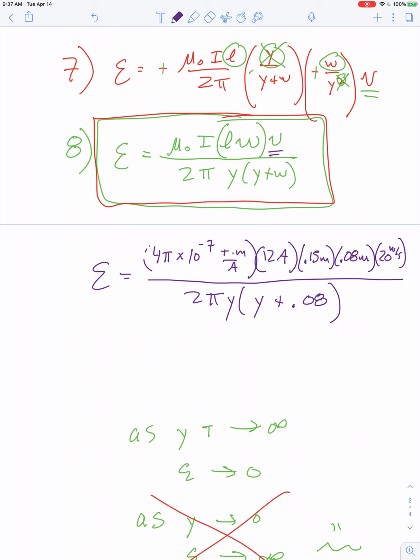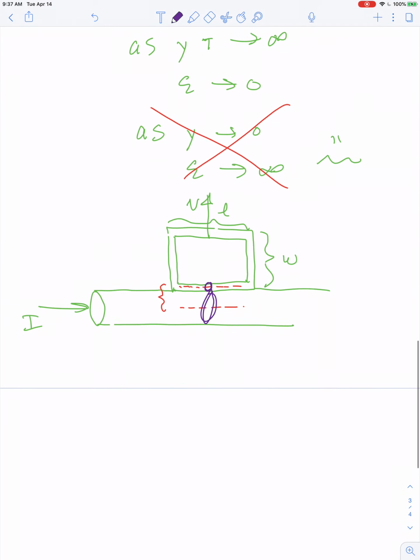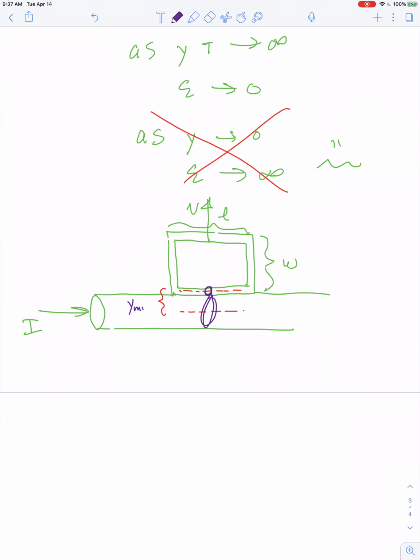So if you're really interested, you can make up some values and figure out what's this value of y minimum. So y minimum we'll say is equal to, how about little r plus big R? In other words, big R is the radius of the current carrying wire, and little r is the radius of the wire that forms the loop.